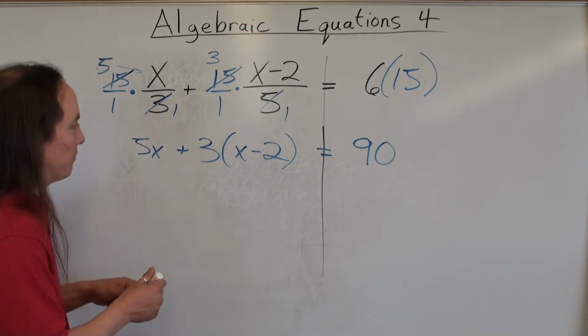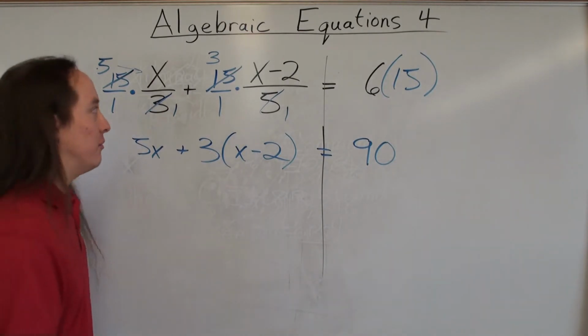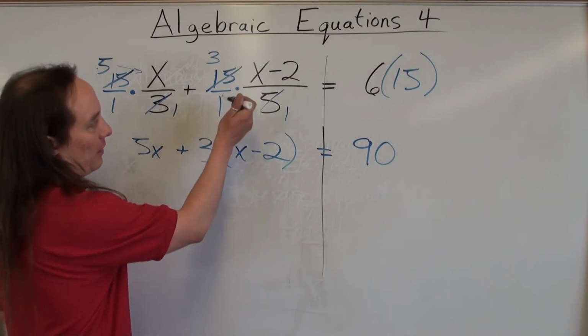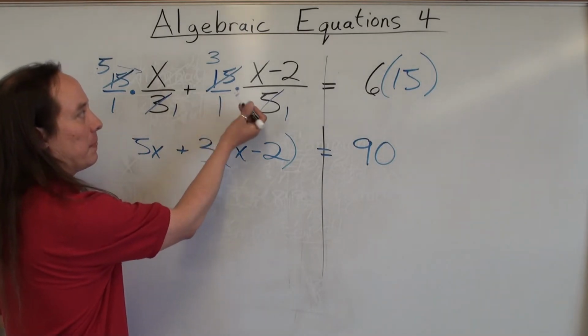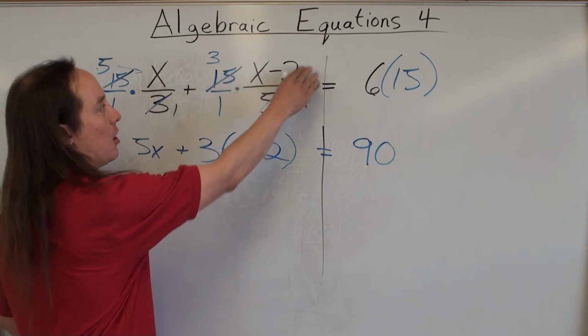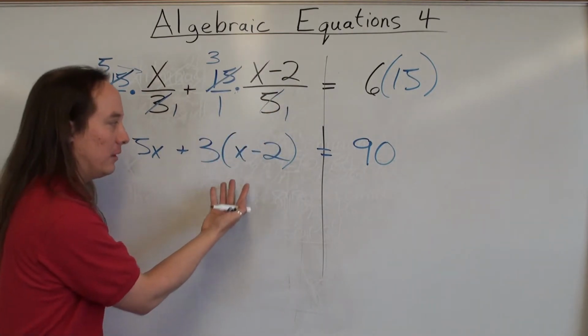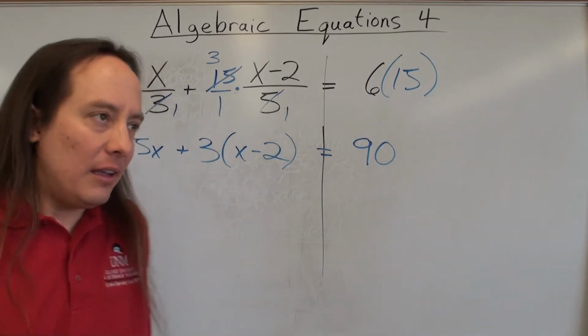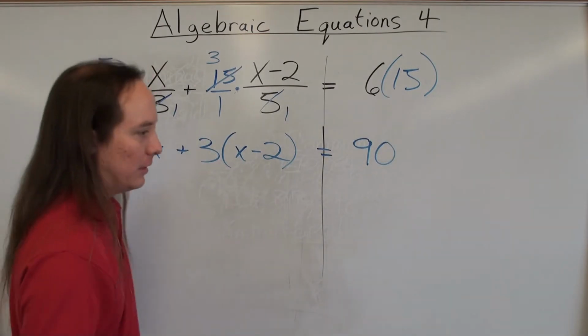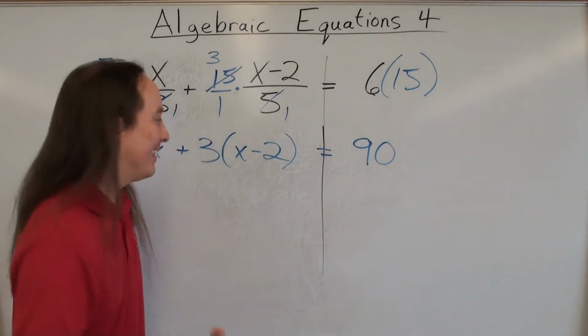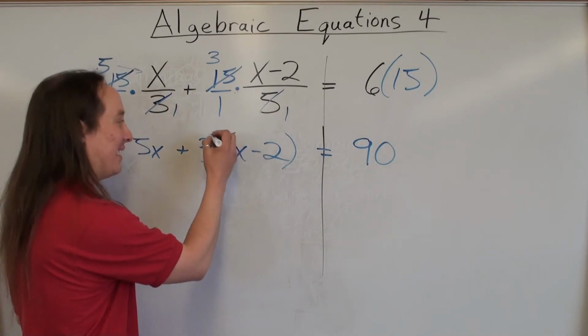So I'm going to go ahead and do the distributive property. Just remember, this point here means multiplication. So we're going to multiply the 3 times all of this. I just expressed it like this with the distributive property with parentheses. It looks more natural, at least to me.